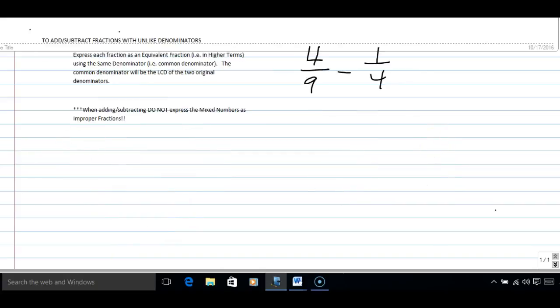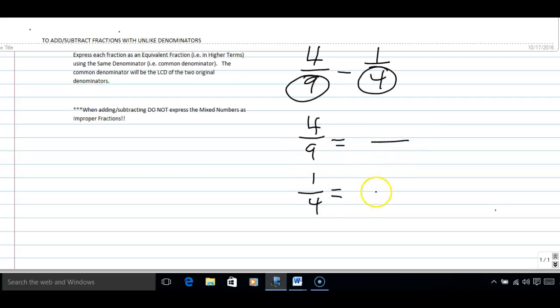Here we have 4/9 minus 1/4. Here we have two fractions which have unlike denominators. Now remember, in order to subtract fractions, we must have like denominators. If we do not have like denominators, we have to rewrite the fractions as equivalent fractions.